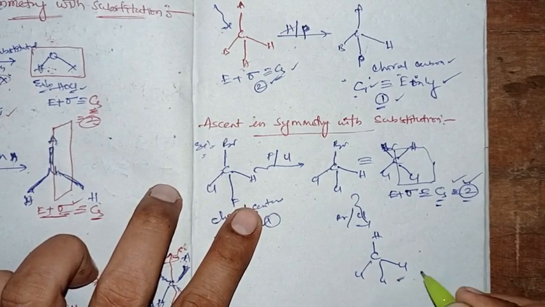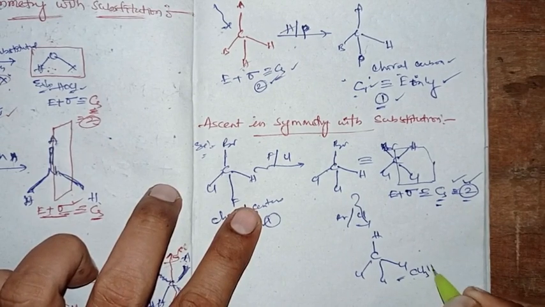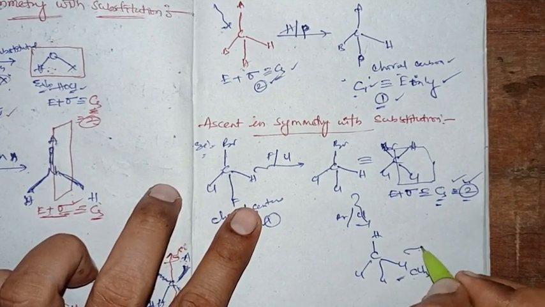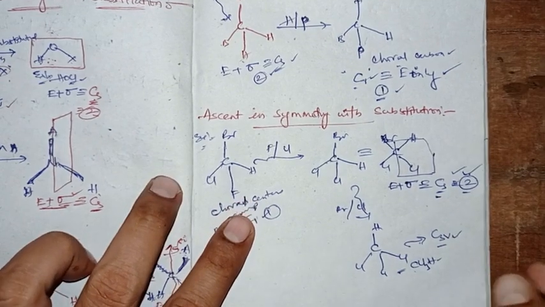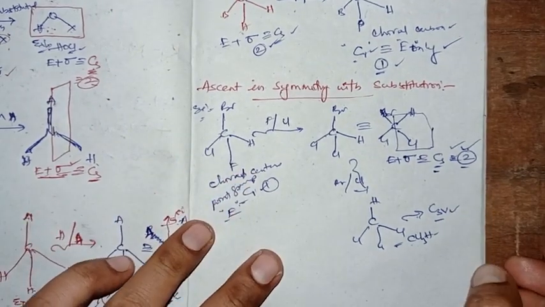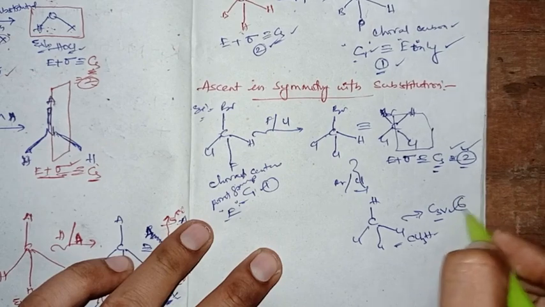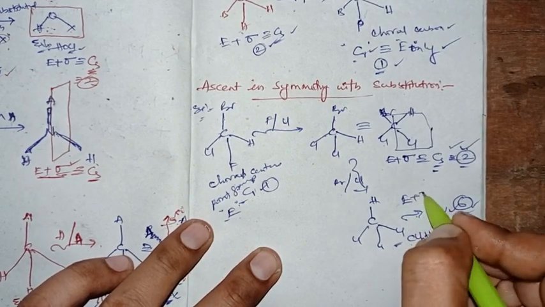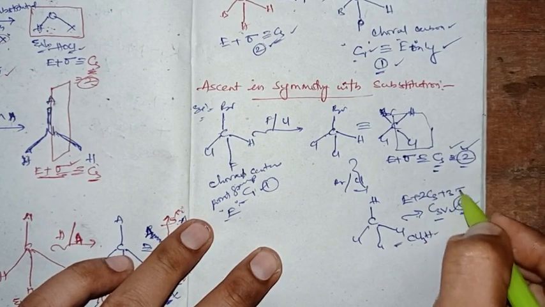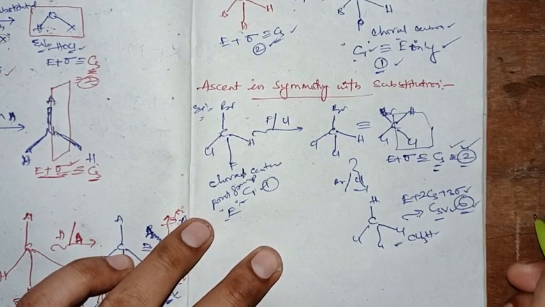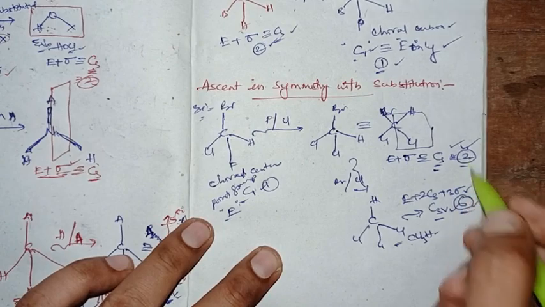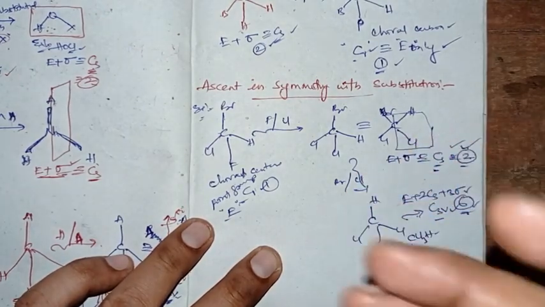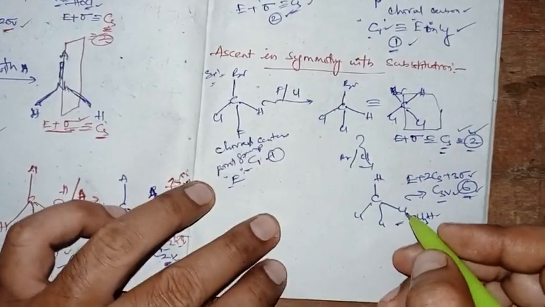This is chloroform, which has the C3v point group with 6 elements: E, 2 C3s and 3 sigma v's. This increase to 6 elements is also an ascent in symmetry.